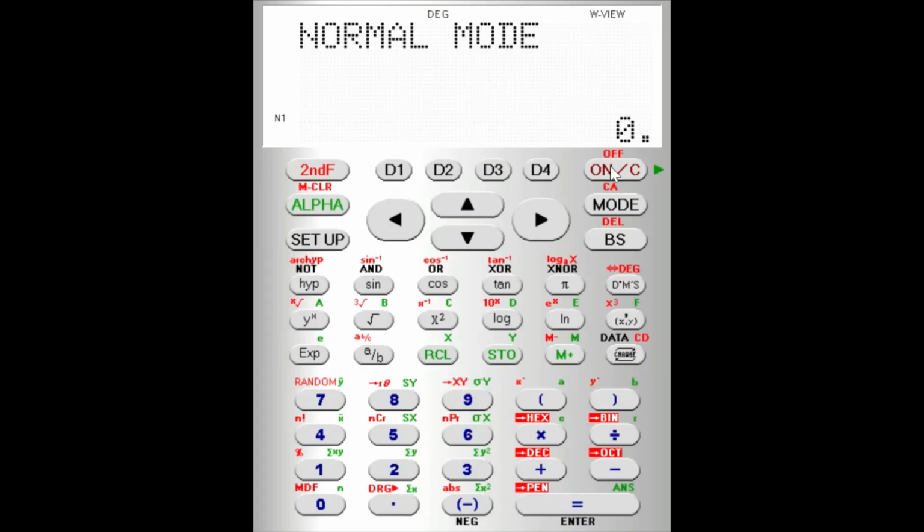For the computation of number 1 problem in exponential growth, we have 30 times e raised to 0.02 times t, where t is 0.